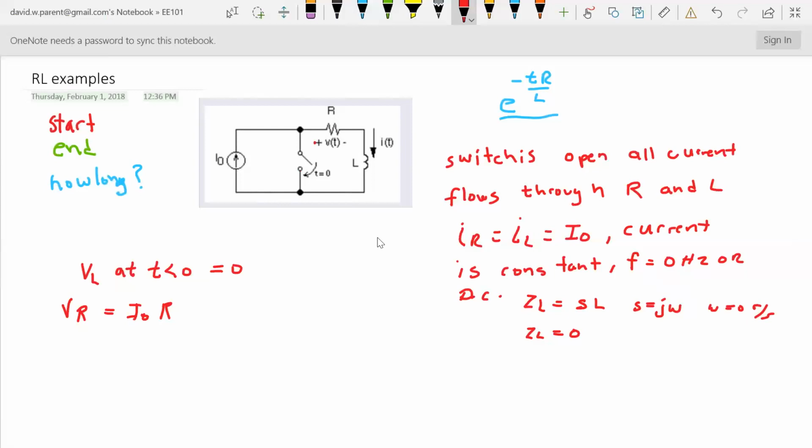So in fact, VR at t less than 0 is really just I naught times R. That's where we're going to start.